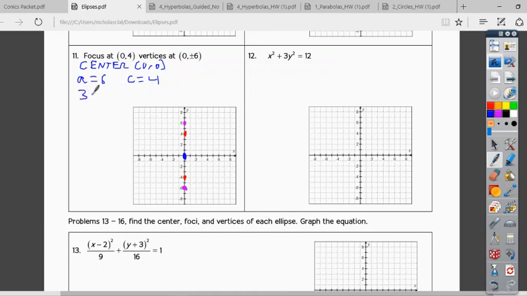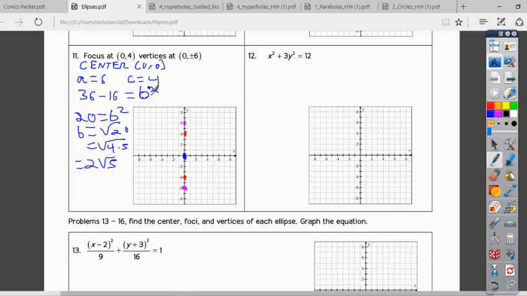So 36 minus 16 equals B squared, which means that 20 is equal to B squared, which means B is equal to the square root of 20, which is equal to square root of 4 times 5, which is equal to 2 times square root of 5. So we're going to have vertices, once again, square root of 5 is 2 point something. So it would be 4 point something.